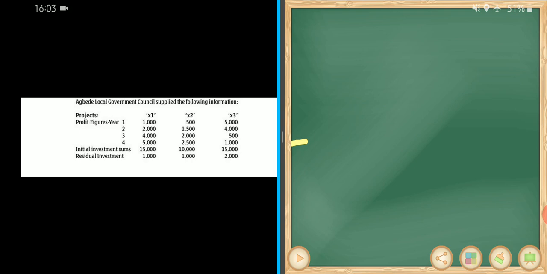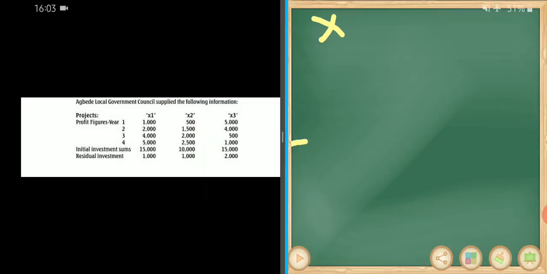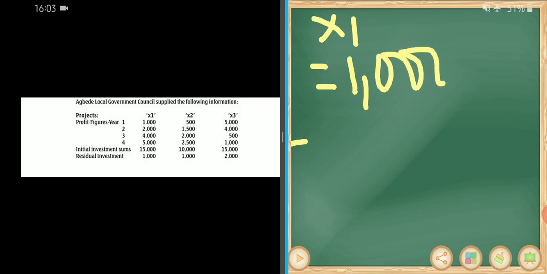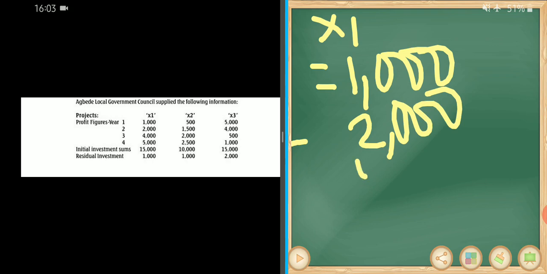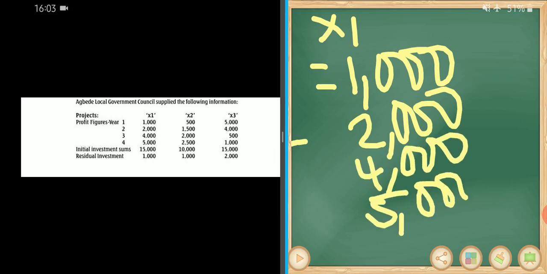And what is our profit in project X1? Our profit in project X1, we have 1,000, we have 2,000, we have 4,000, we have 5,000.